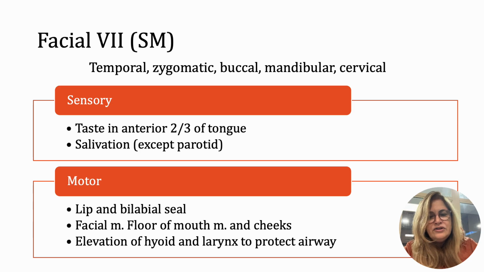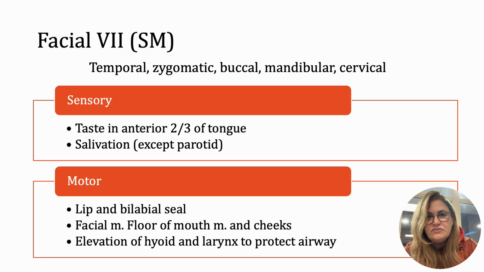If we think about the next nerve, facial, number 7, it is also sensory and motor. And when you think about sensory and motor, we're going to be talking about muscles from the temporal, zygomatic, buccal, mandibular, and cervical areas. In this case, the sensory component is related to the taste buds in the anterior 2/3 of the tongue, and the salivation of the glands of salivation, except the parotid.